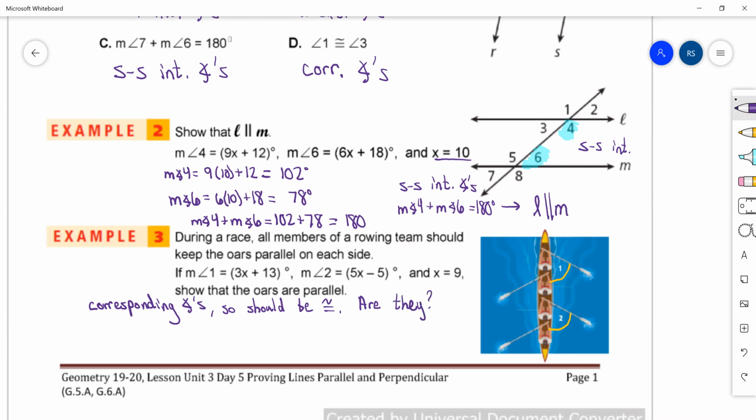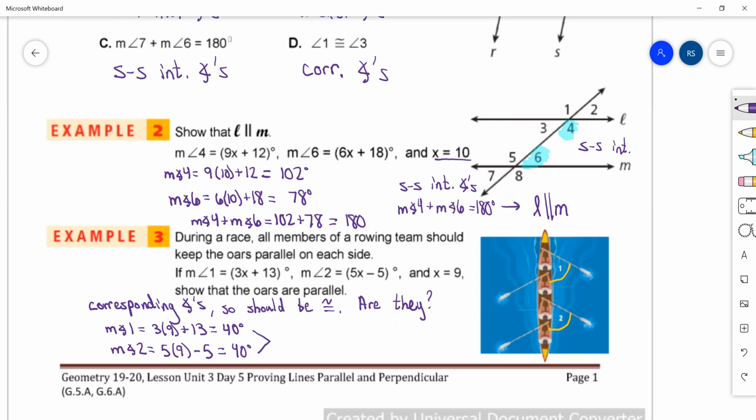Are they congruent? Well, let's check. The measure of angle 1 equals 3 times, well, x is 9. So 3 times 9 plus 13. It's going to get us 40 degrees. Let's check angle 2. 5 times 9, which is 45, minus 5, 40 degrees.